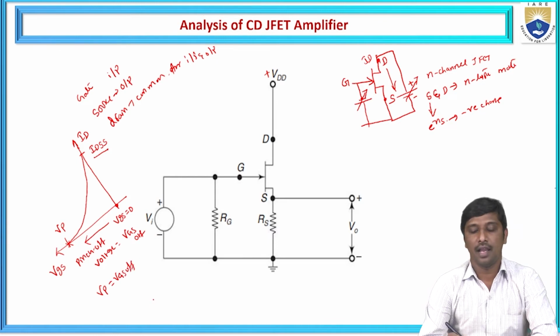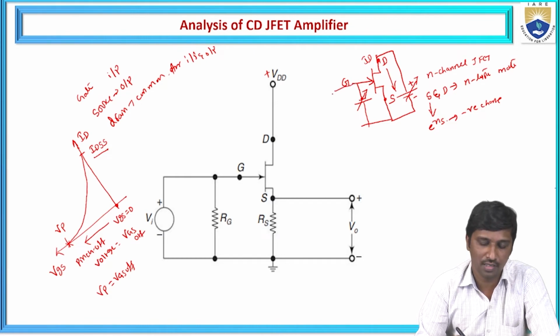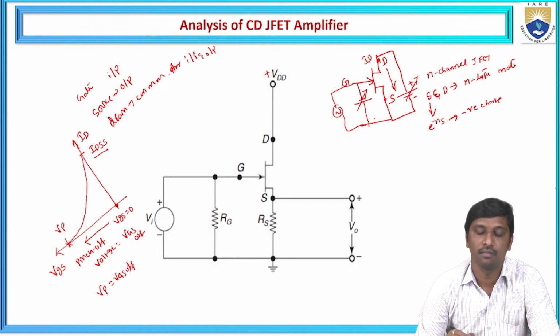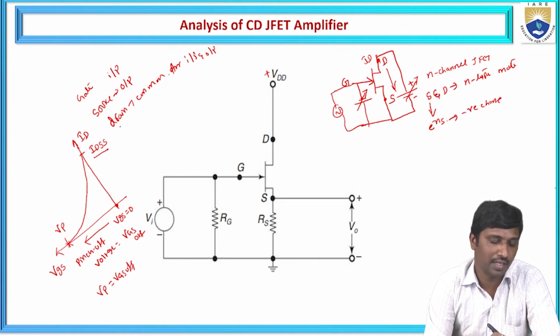Along with these biasing voltages, to define an amplifier, an input signal is passed through the gate. So now we are going to apply an input signal through the gate. From this common drain configuration, we know that the output is taken across the source.